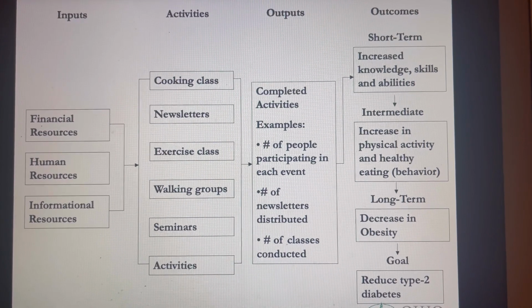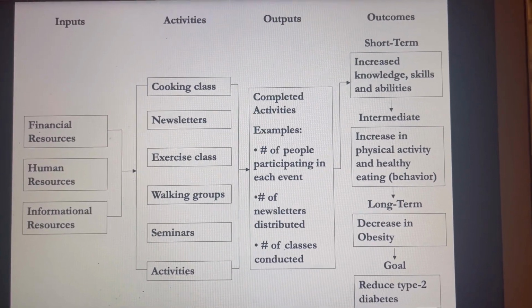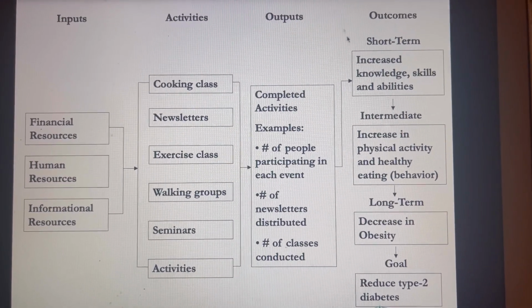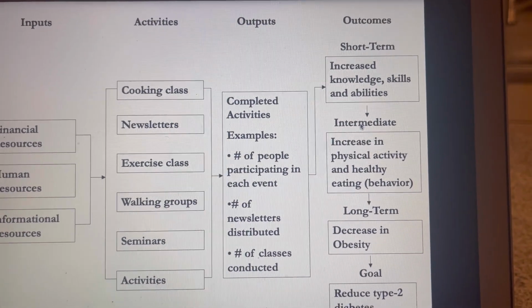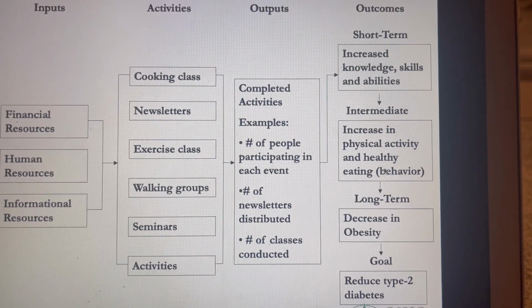So after having those knowledge and learning those skills on how to cook healthy food, then we go to our intermediate or medium outcomes, which gives the increase in physical activities and healthy eating.